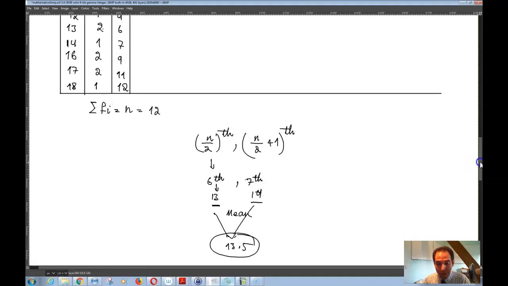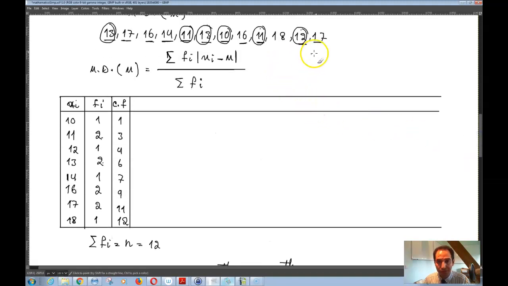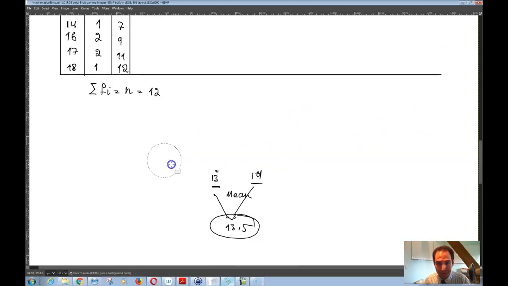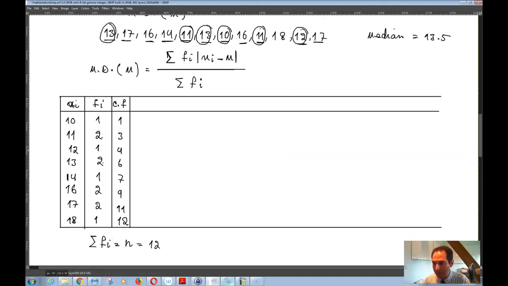So that means that the median of my data is equal to 13.5. Now what this means is that about 50% of the observations that I have here fall below 13.5, and about 50% of those observations fall above 13.5.